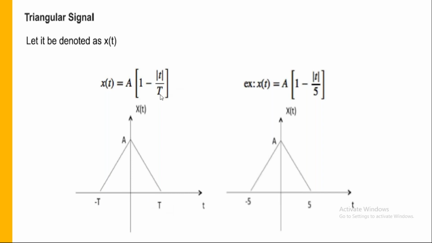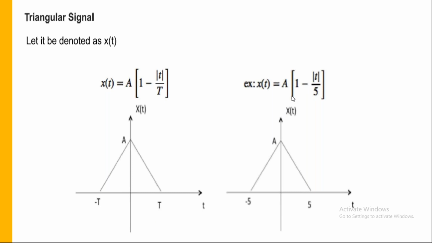But here you are not going to write 2t, because the function is symmetric along the y-axis, and since you are using the modulus, you can write only t. So you should not write 2t here. You can write only t. Now this represents the period.